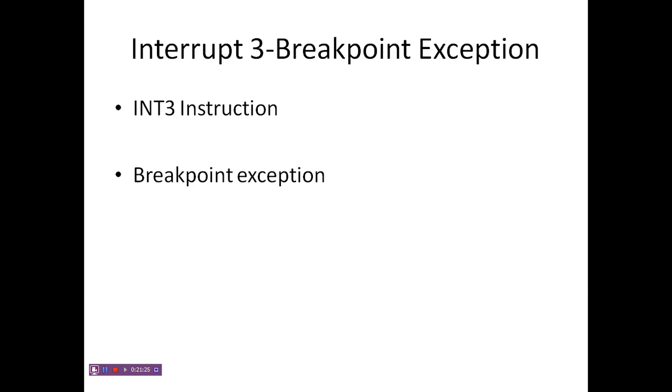However, the breakpoint exception is still useful for debuggers because breakpoint exceptions can vector to a different exception handler than that used by the debugger. The breakpoint exception can also be useful when it is necessary to set a greater number of breakpoints than permitted by the debug registers.